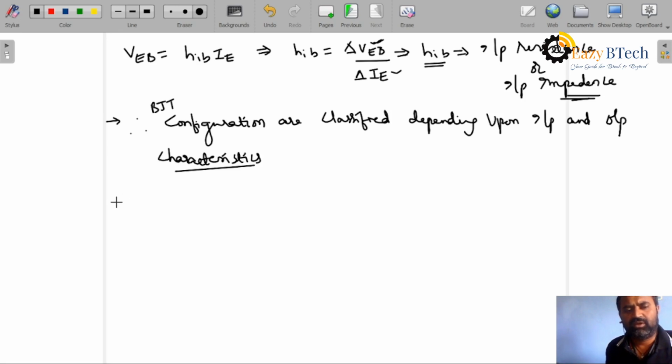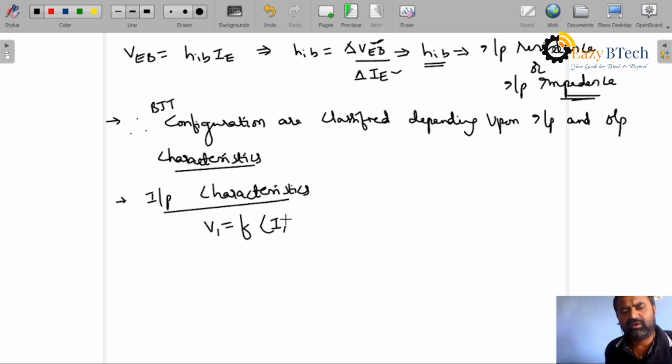Okay. Now, if you take input characteristics, it means V1 is a function of I1 with V2 constant.